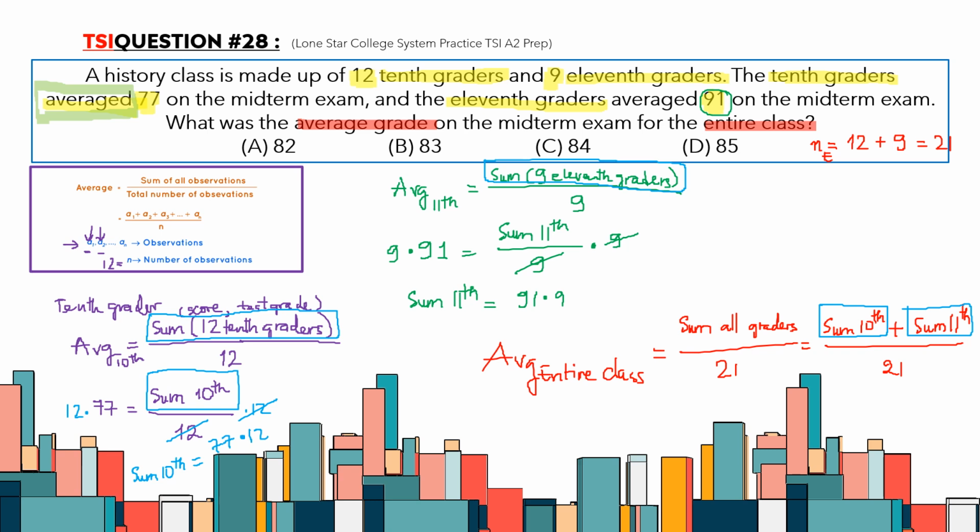Now when we plug it in, the sum of the 10th graders is 77 times 12, and then we add the sum of the 11th graders, 91 times 9, divided by 21.